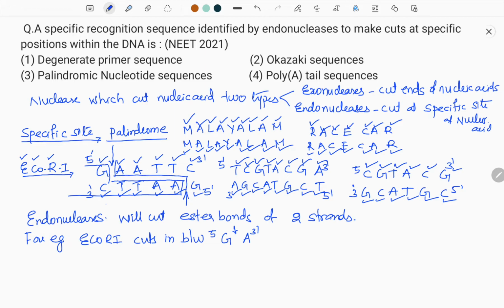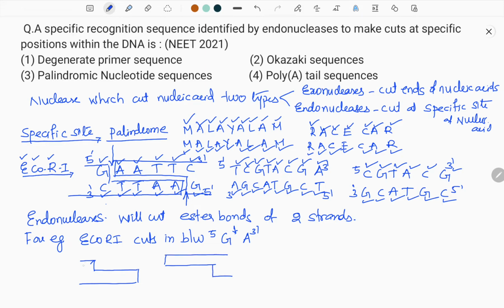So these fragments that are formed are called sticky ends. Let us see here. This is one fragment that is broken and this is the other fragment that is broken.